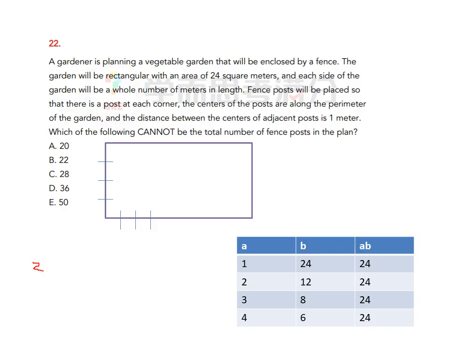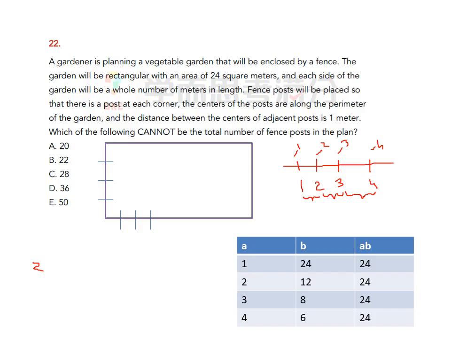Now see, how can we divide the length and width of this rectangle? 1 into 24 equals 24, because the area is 24. 2 into 12, or 3 into 8, or 4 into 6.